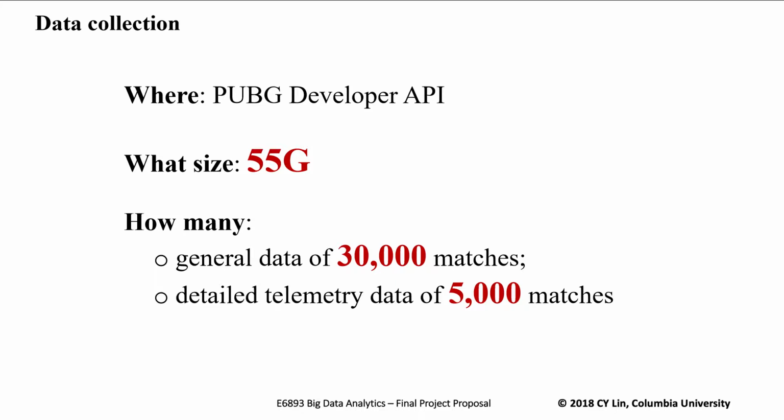The total size of the dataset is 55 gigabytes. The dataset contains general information of 30,000 matches and detailed information of 5,000 matches, along with some side information about the players and game seasons and so on.